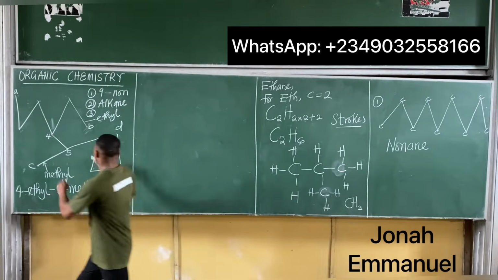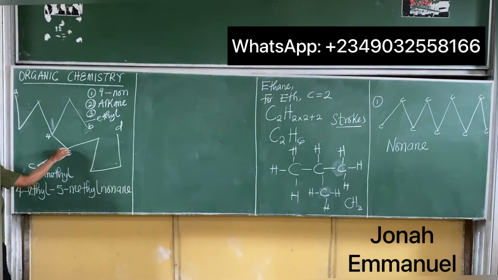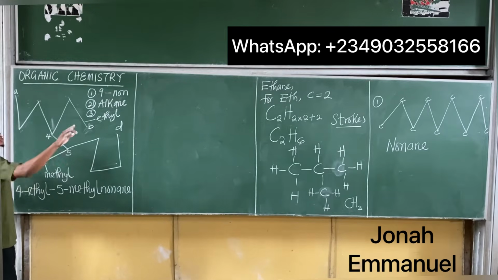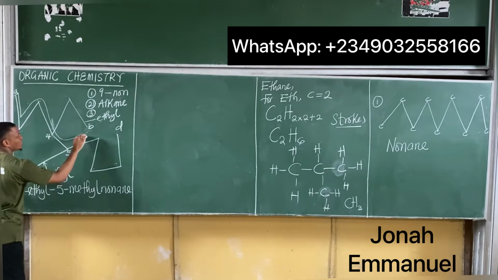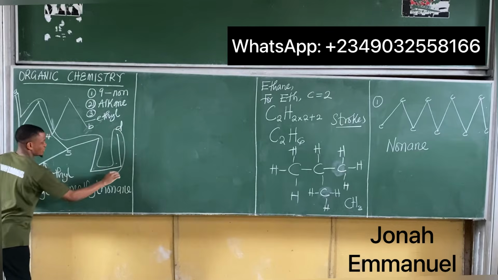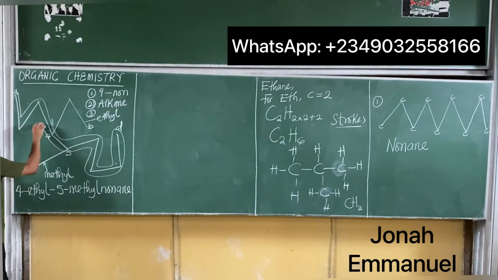I got that too. From here now, I said if it is one substituent, it's methyl. Let me do it this way. Longest continuous carbon chain is this one here. From A, like this, we said this one here is longest continuous carbon chain. This is my longest continuous carbon chain. That's this one here. What do you observe?